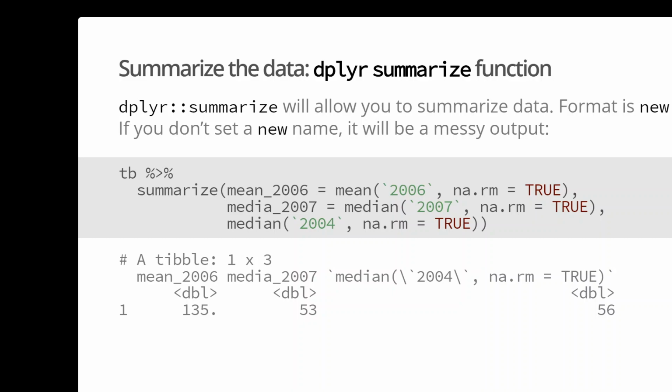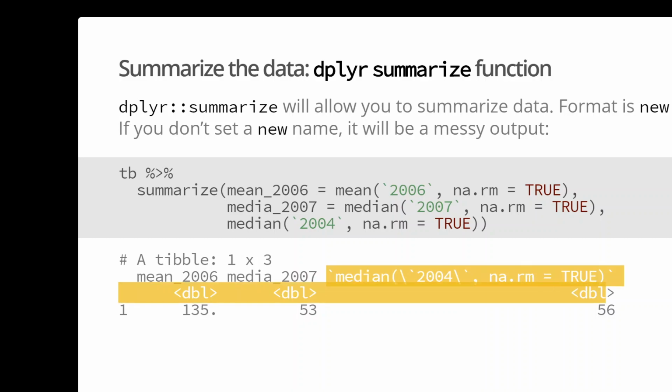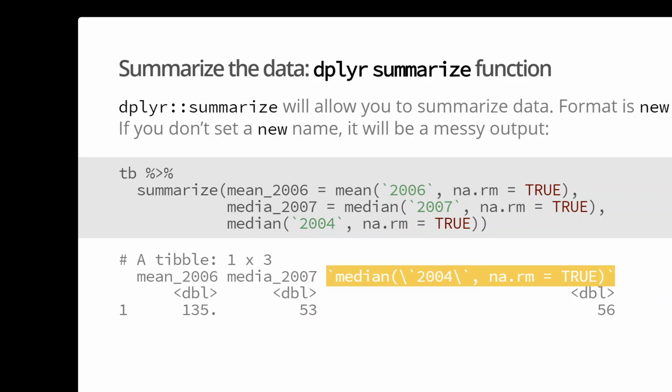And for example, if I label it, I get the mean of 2006, 135, mean of 2007. Instead of the median of 2007, I get 53. But if you just say, hey, let's just take the median in 2004, removing missing values, you get some label that's just some backtick thing saying remove. So if you don't give a name, you get this really ugly output, especially when there are spaces and backticks and things like that.